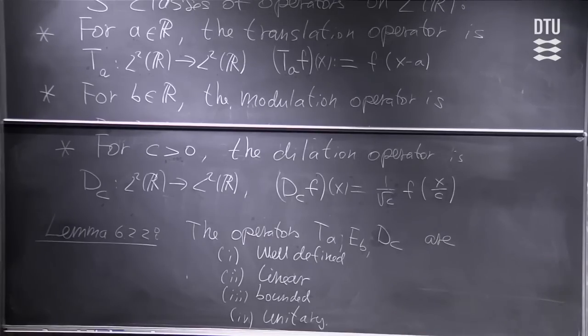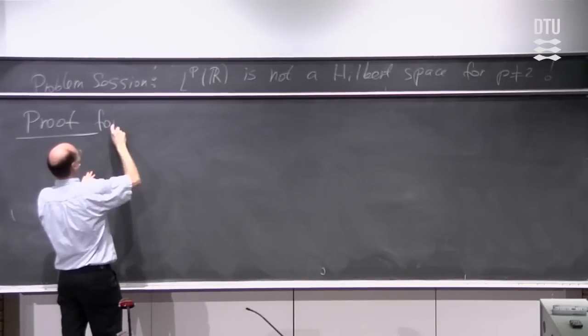And then at one of the problem sessions, you will prove it for another one of the operators, and then the homework, you'll prove it for the last operator. So we get through all of them at the end. So what we do now is just prove for the operator TA.